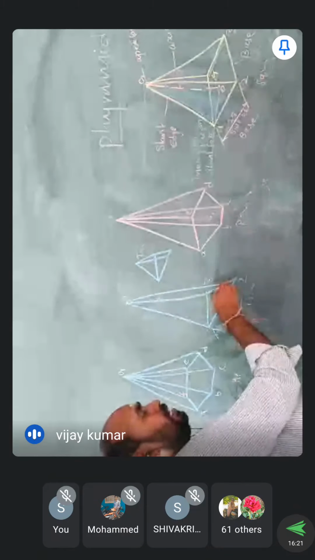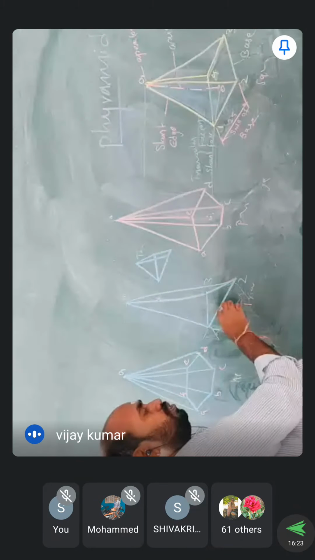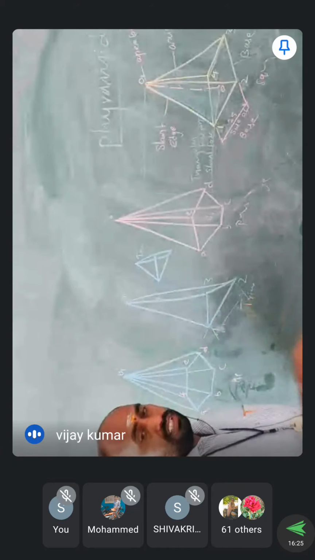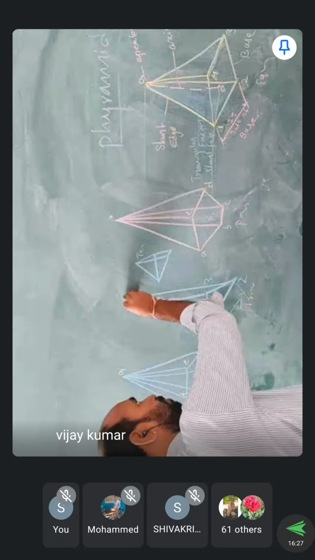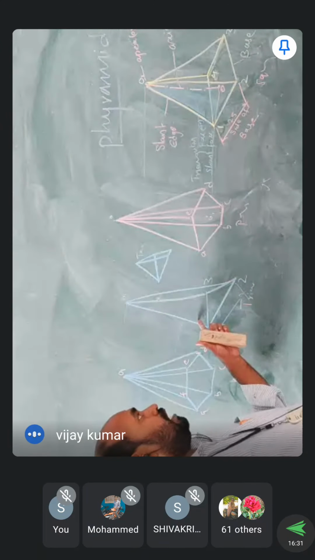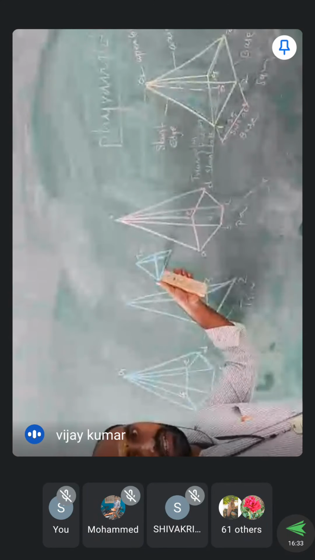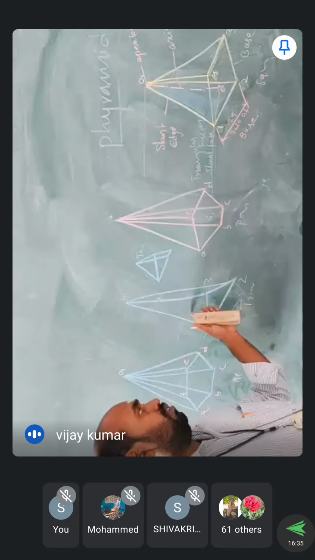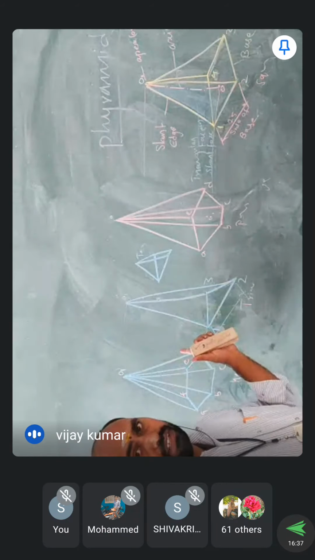How many sides are there in a triangle? 1, 2, 3. 3 isosceles triangles are joined at a topmost point as an apex. So it is not equal to the tetrahedron. Tetrahedron is different, and the triangular pyramid is different.